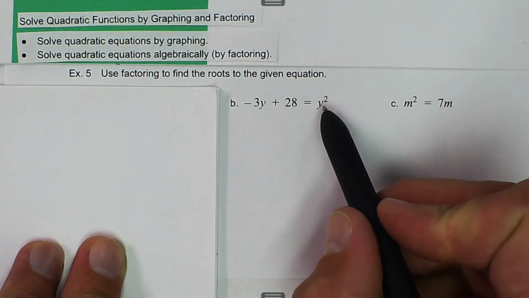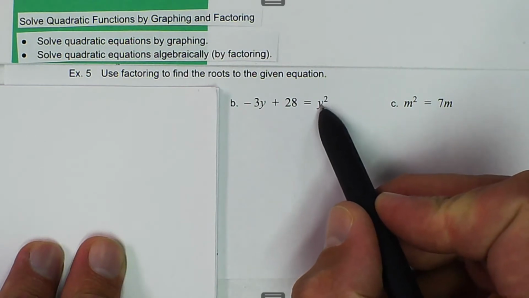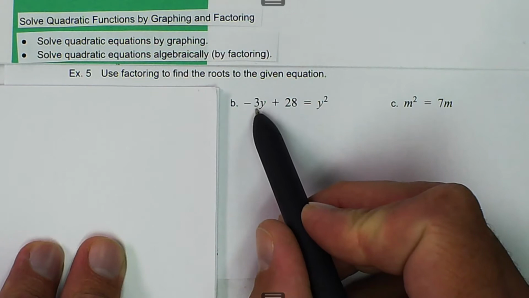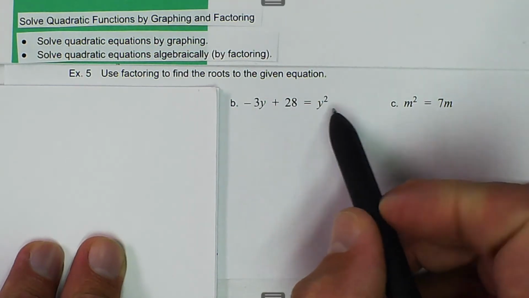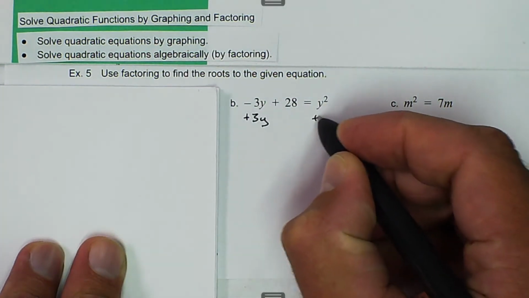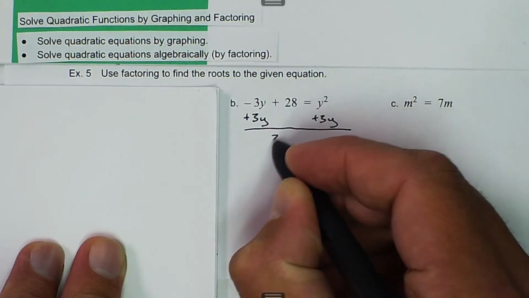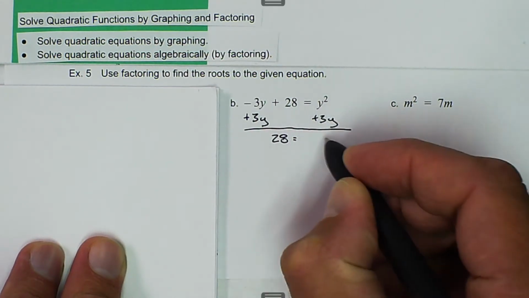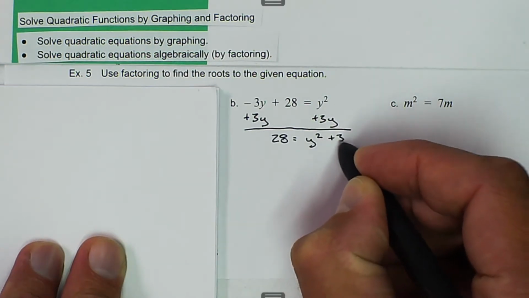The issue is here we have y squared on this side, but it's positive, and we like to have our highest degree positive. So what we want to do here is move these two over to join that. So we're going to add 3y and add 3y, and then we get 28 is equal to y squared plus 3y.